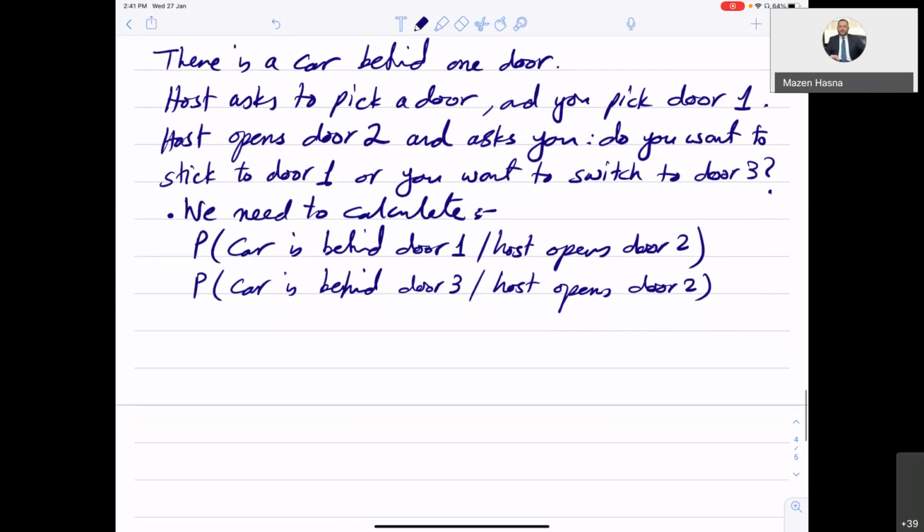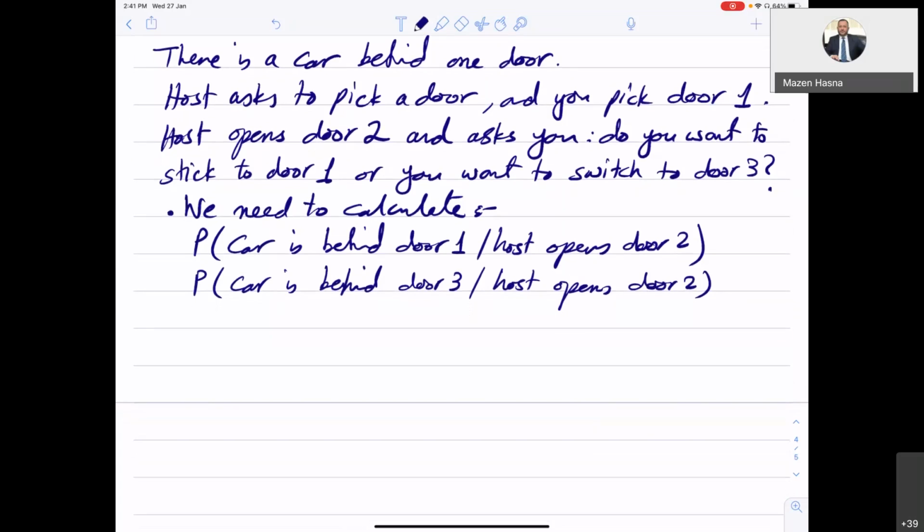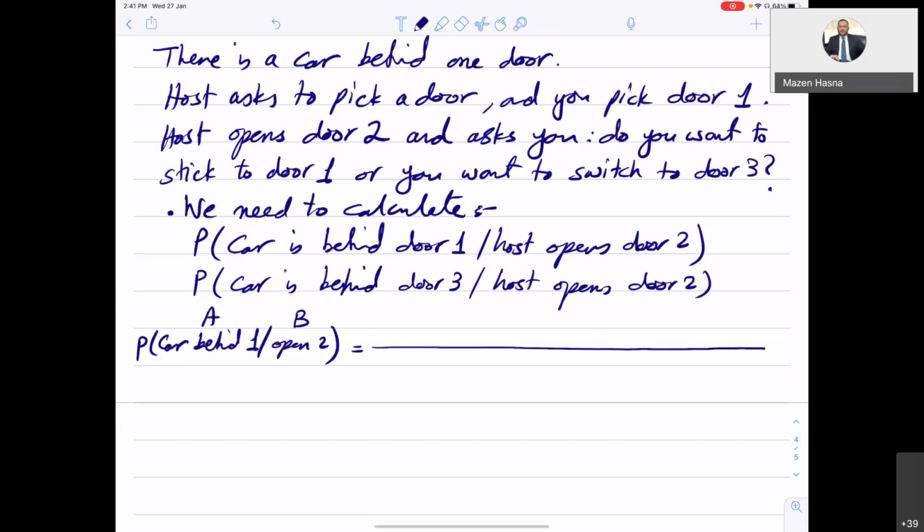Right. So let's calculate the probability of, let me start from the beginning. Probability of car behind 1, given that he opens 2. So let's call this event A and this event B. So we want the probability of A given B. Again, this is using Bayes' theorem.